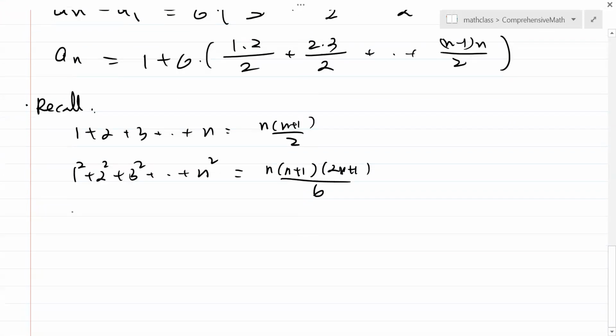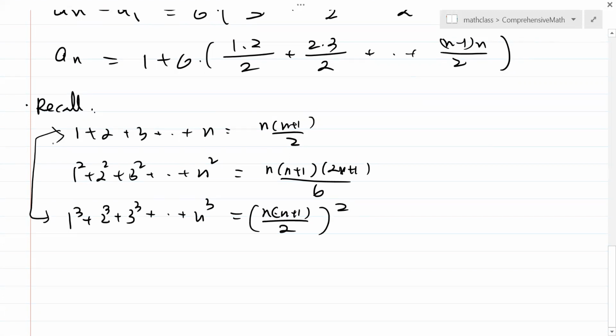And 1 cube plus 2 cube plus 3 cube all the way to n cube is going to be n times n plus 1 divided by 2, squared. It's a surprise to me that it's always the square of the sum, which is 1 plus 2 plus 3 all the way to n, squared. Okay, we should know those three formulas.